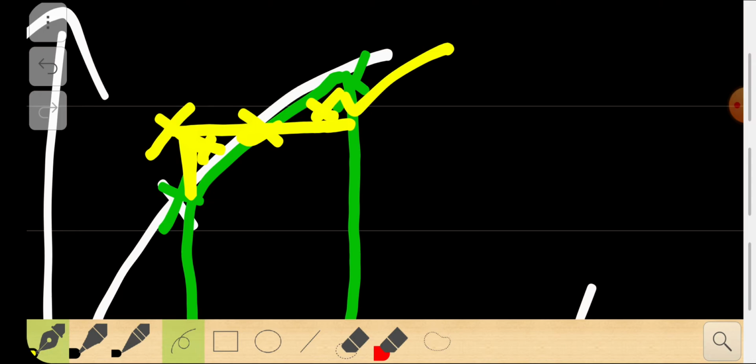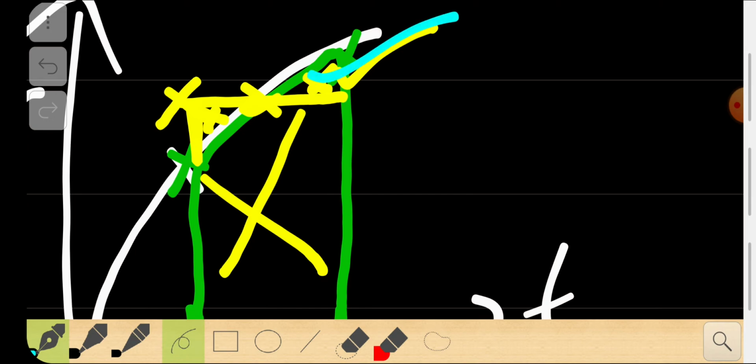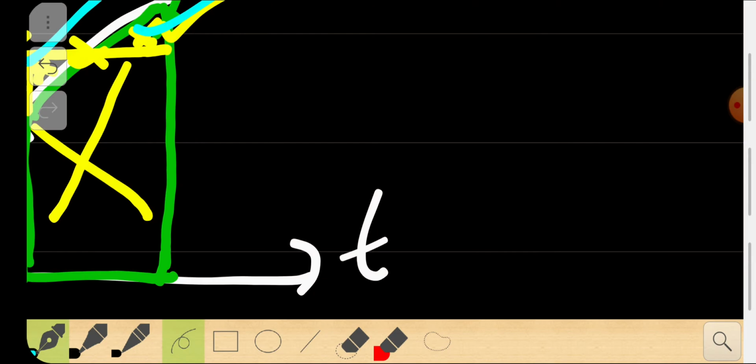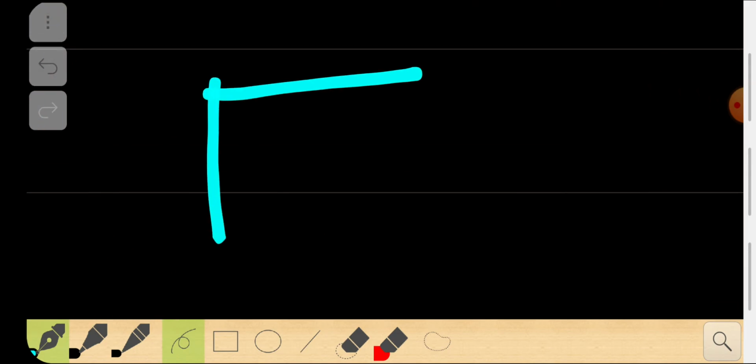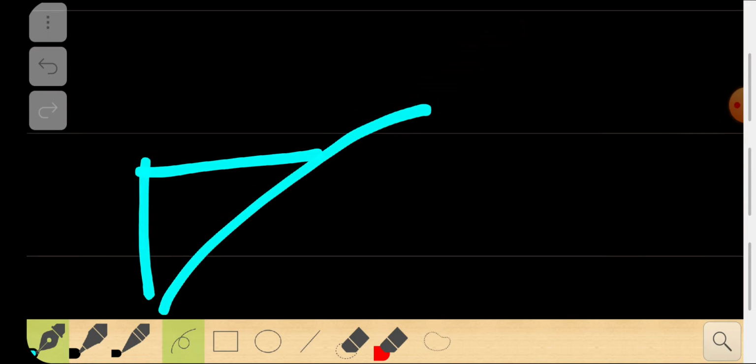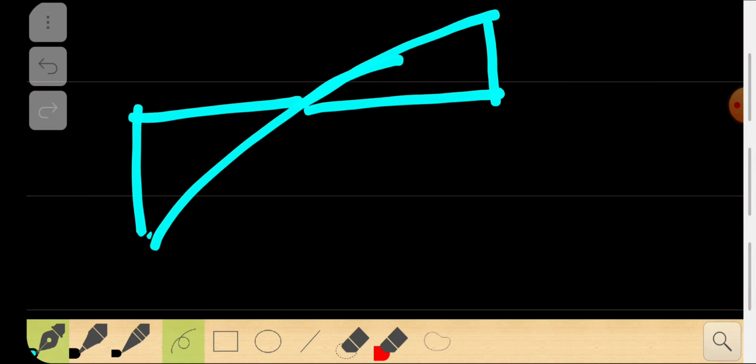So what we need to do is add the area of this whole thing along with this area, and then subtract this area. That's what we need to do. I'm going to redraw it in a simple manner. You can draw it like this is the curve, and the area is like that.